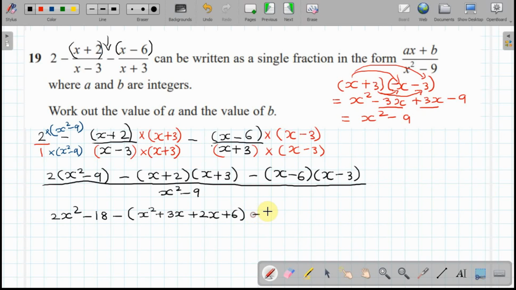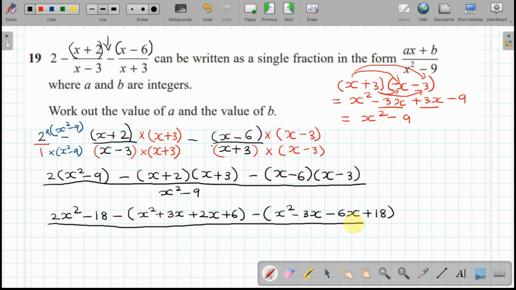And again, the same situation with the negative sign and the brackets. I'm going to double multiply these two brackets. x times x is x squared. x times minus 3 is minus 3x. Minus 6 times x is minus 6x. Minus 6 times minus 3 is plus 18. All of it over x squared minus 9.